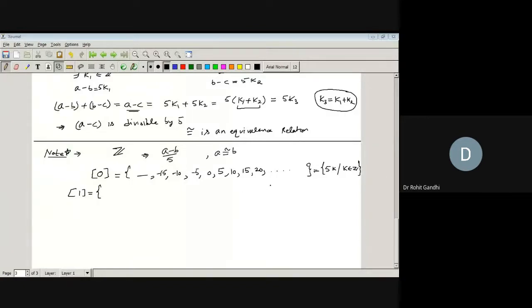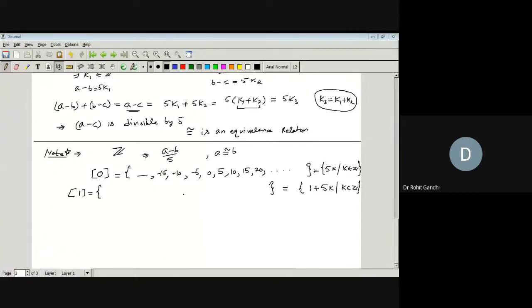So what will it contain? Yes, Jyoti, tell us. So 5k plus 1, where k belongs to the set of integers. I will write it like this: 1 plus 5k, such that k belongs to integers, or you can write 5k plus 1.